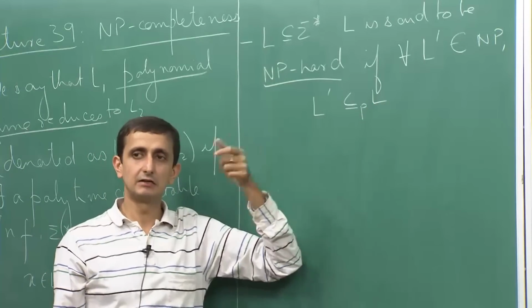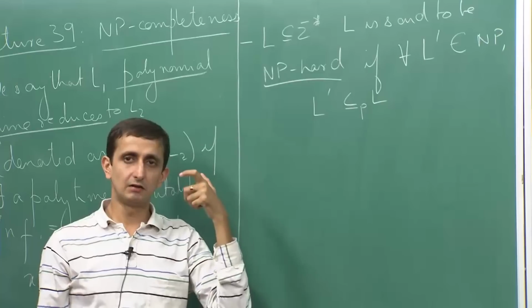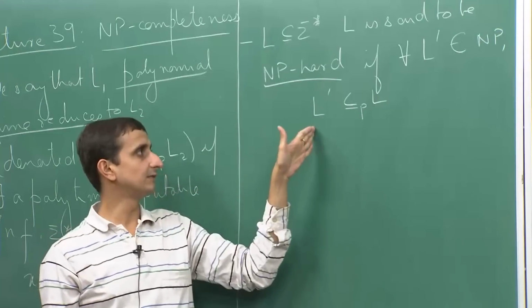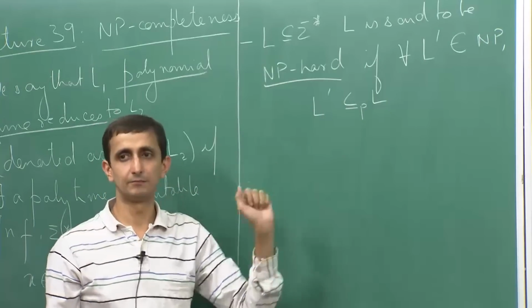In other words, there is a polynomial time computable function which maps instances of L prime to instances of L.